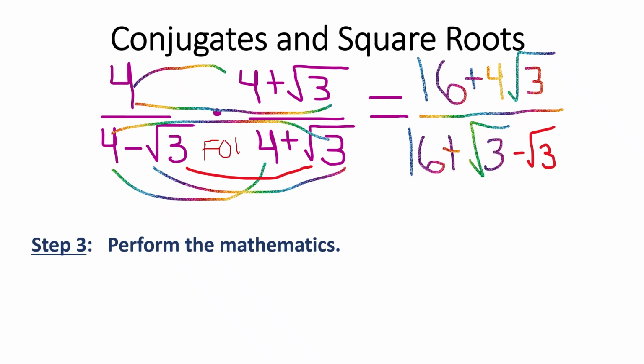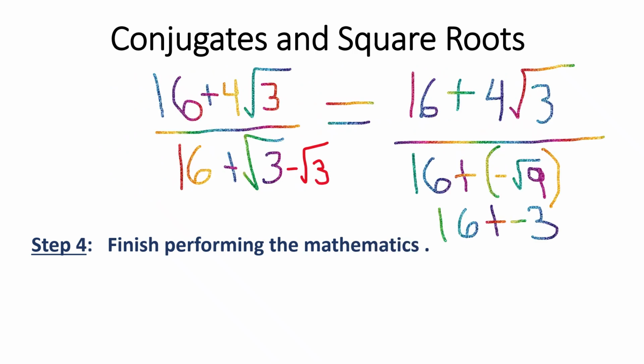And you want to get rid of this radical. A lot of teachers would just tell you to write it out. But you can't. Not yet. Now, 16 plus radical 3 minus radical 3 are times.